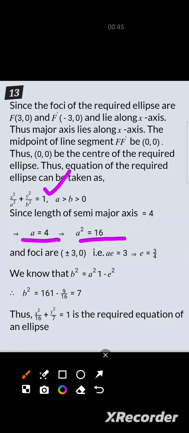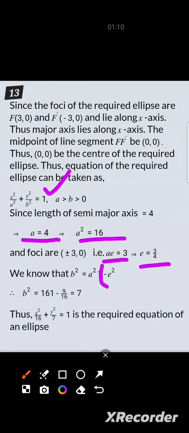Now AE, that is the plus minus 3, 0 given as the foci. So AE is equal to 3. E is coming to 3 by 4 by substituting the value of a. This is to be used to find the value of b square. So b square is equal to, as we know, a square bracket 1 minus e square.